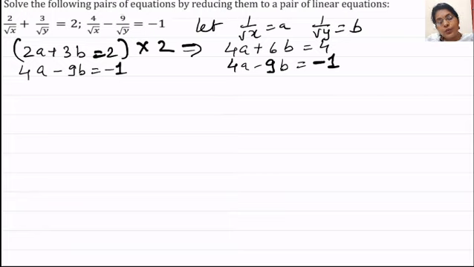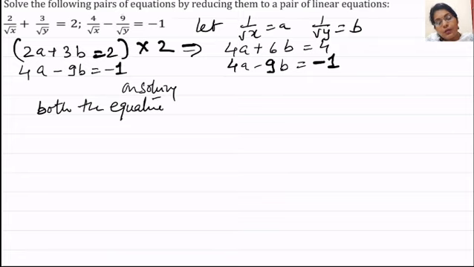On solving both the equations, no need to write whether you are subtracting or adding. Simply write on solving it, and you can see whether you have to subtract or add. Here we have to subtract.